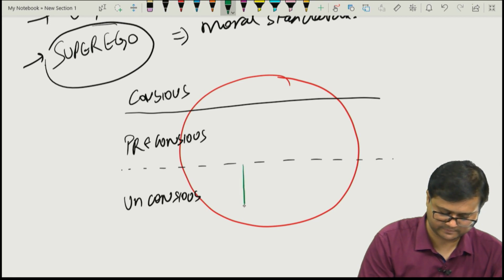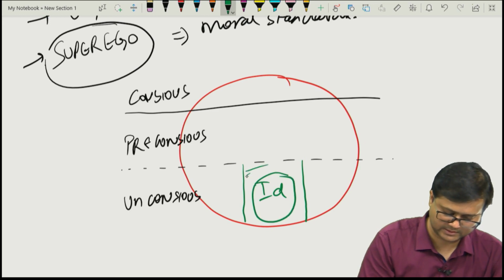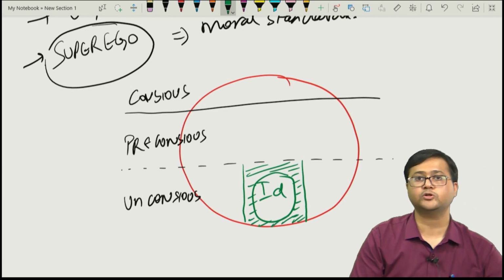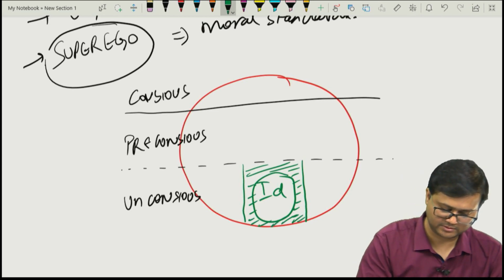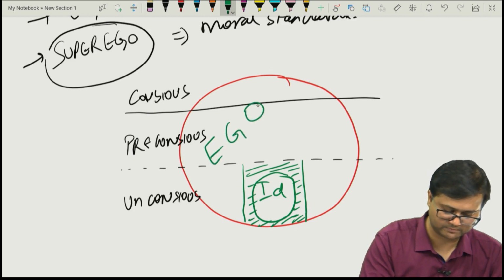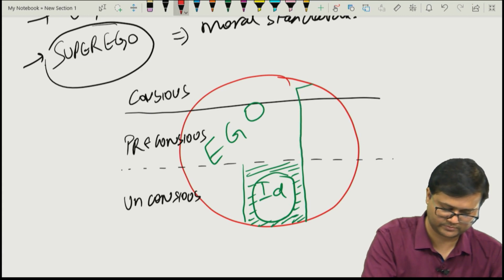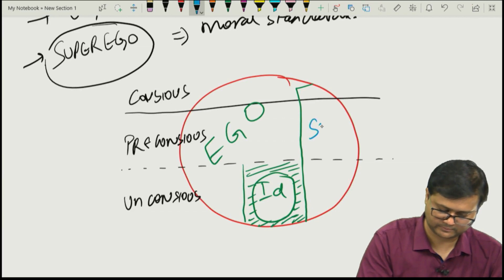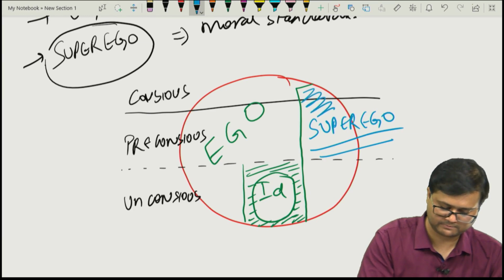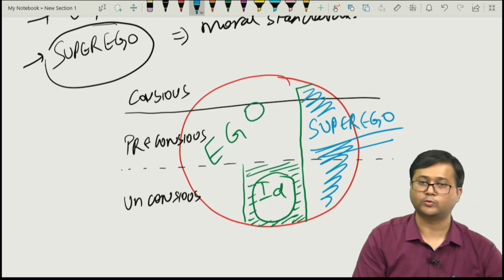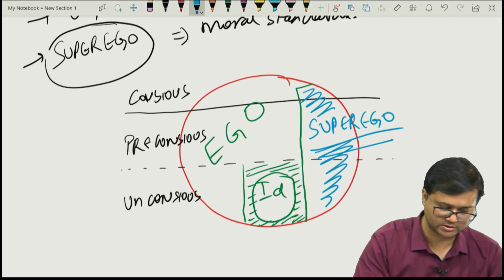Now generally the id is basically completely in the unconscious part of the mind, while both ego and superego run throughout again. So this is how we divided.